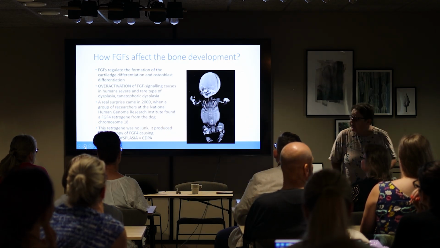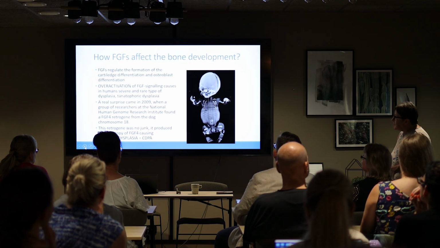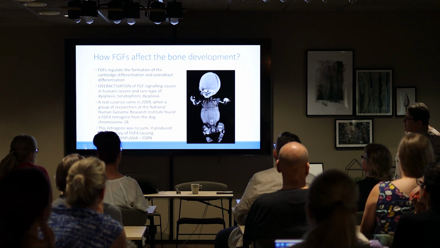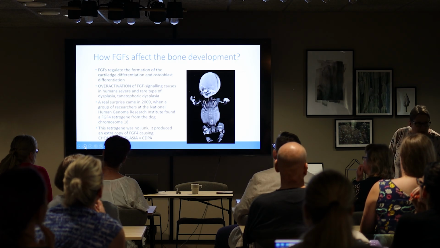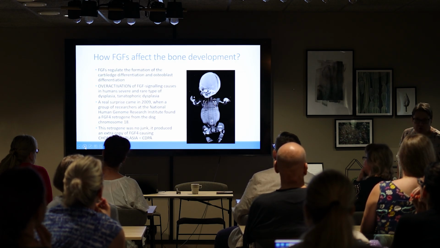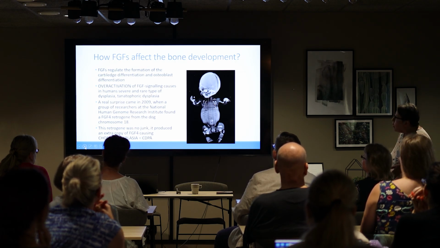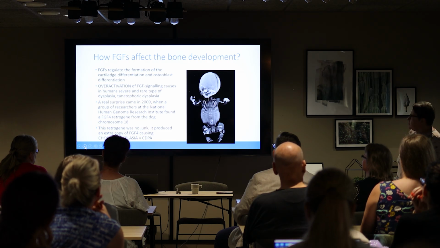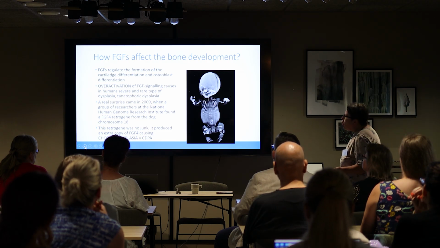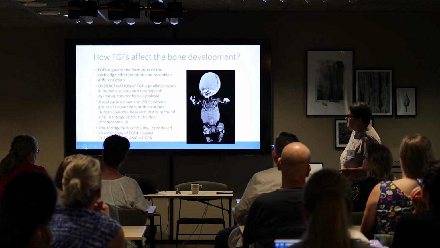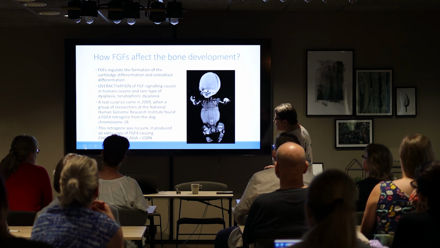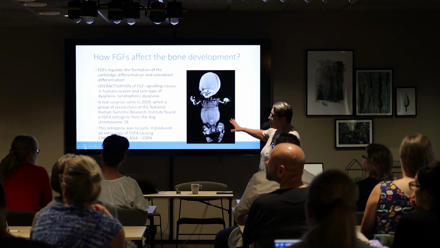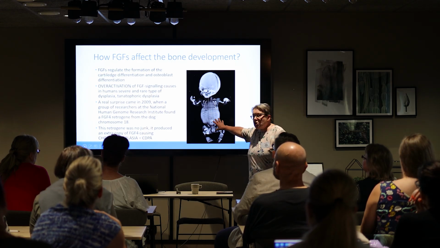How do these FGFs affect the process? They regulate the formation of cartilage differentiation and osteoblast differentiation, so the cells that make the bone. Overactivation of FGF signaling causes in humans a severe and rare type of dysplasia known as thanatophoric dysplasia. One patient is seen here.